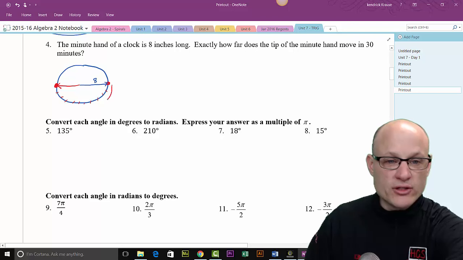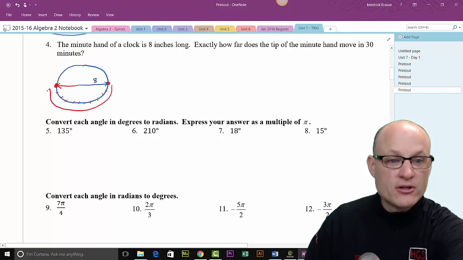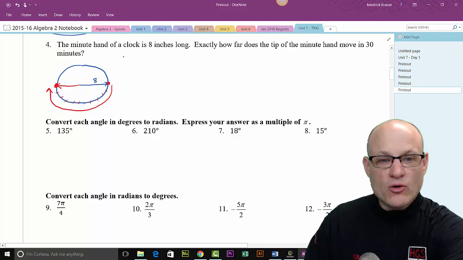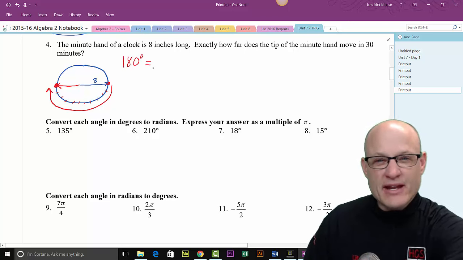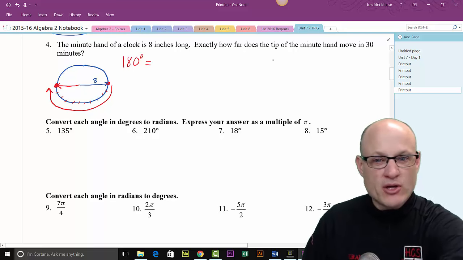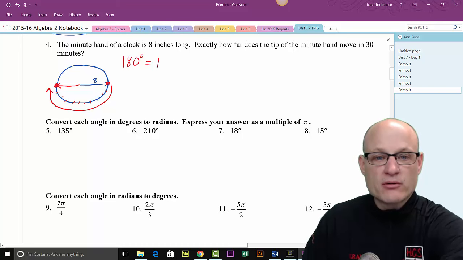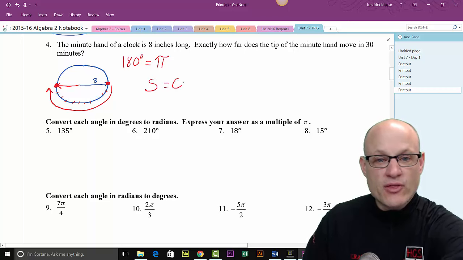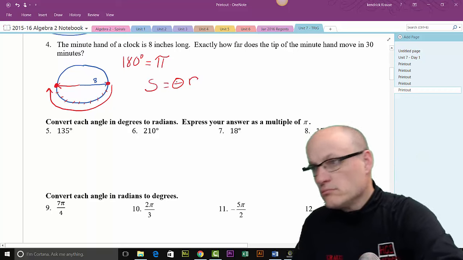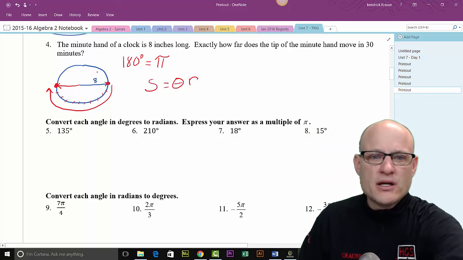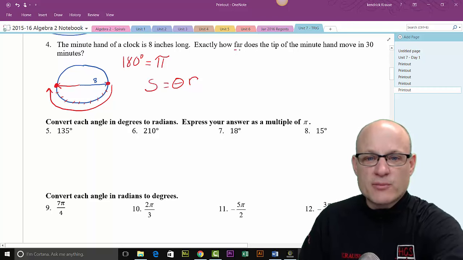So really what it's traveled is half of a circle, which in degrees is 180 degrees. But I can't use 180 degrees, because when I'm talking about arc length, I need to talk about radians. So I know that 180 degrees is pi. I'm going to use my formula, S equals theta R. Exactly how far did the tip travel?